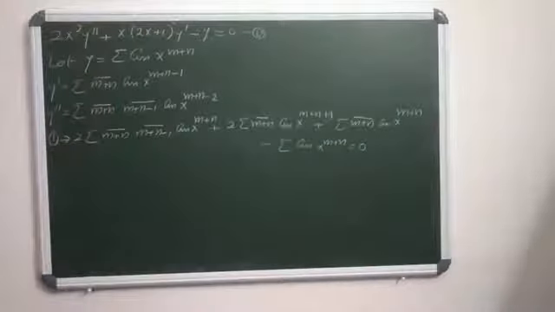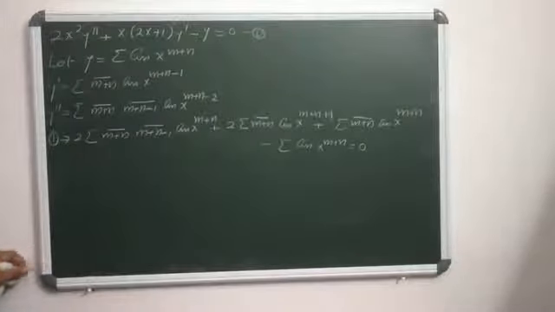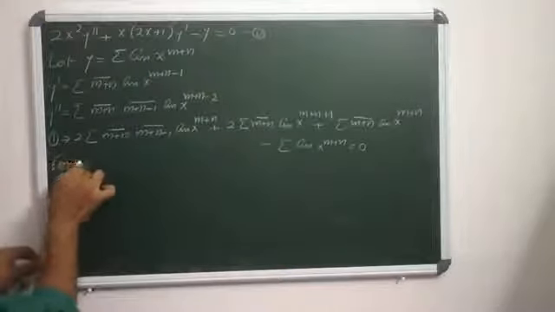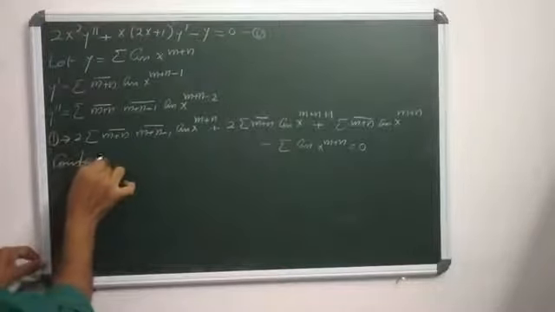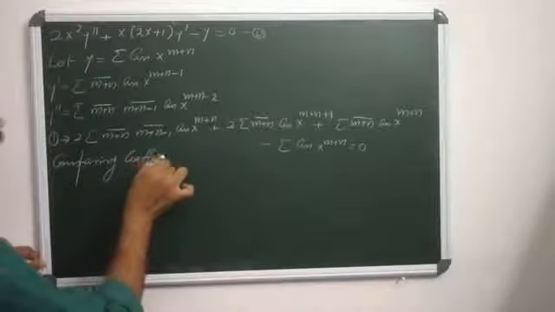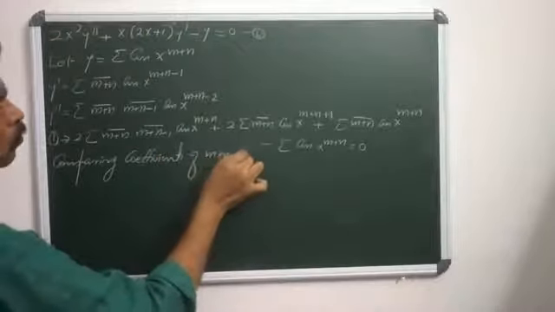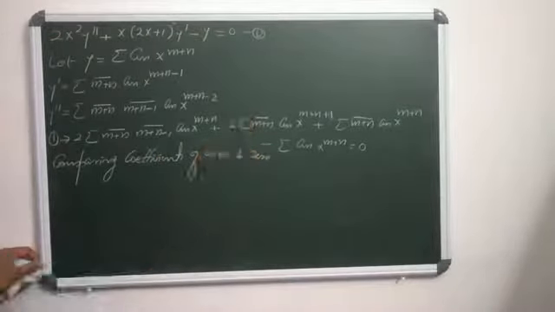Okay. Right. Now, we can compare the coefficients of x^(m+n) to 0. On the right side it is 0.